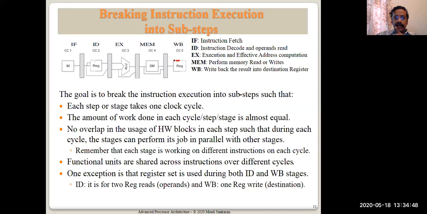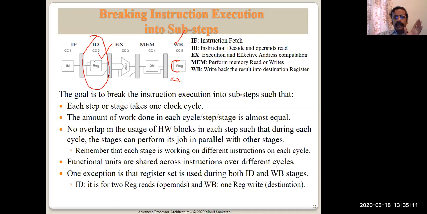The solid line comes first. That means during the first half of the cycle, a write operation is performed, and in the second half of the same cycle, for this instruction in this stage, a read operation is performed. I will give an example and show you today.